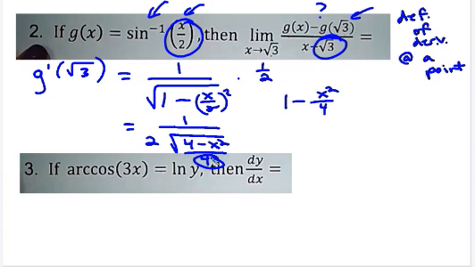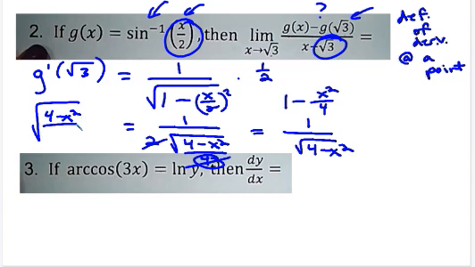And so the 2's are going to cancel out, and I'm left with 1 over the square root of 4 minus x squared. I'm just using the fact that if I have a radical over a fraction, I can break it up into a radical over a radical.